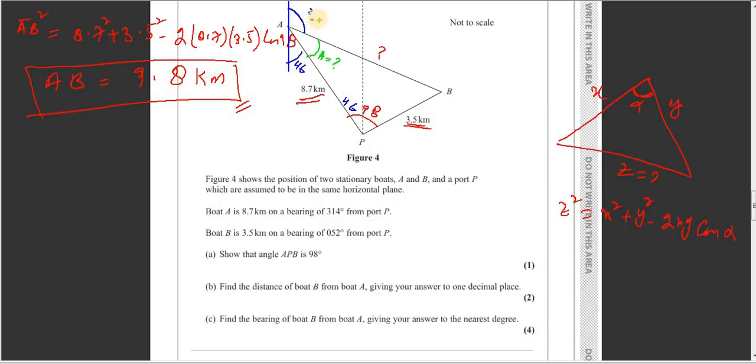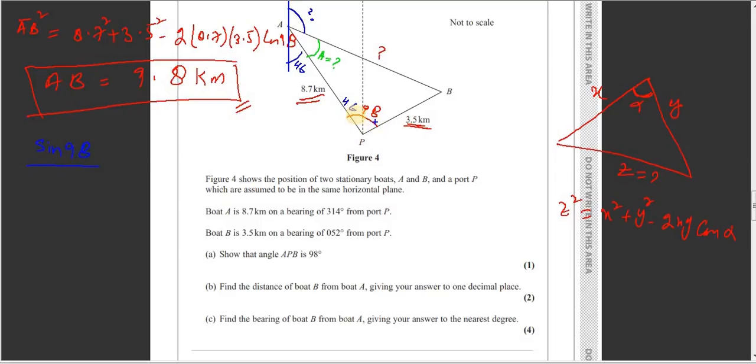The first target is to figure out the value of A, that means the angle at A, and we are going to use the sine law. Sine law says sine of 98 divided by its opposite side.